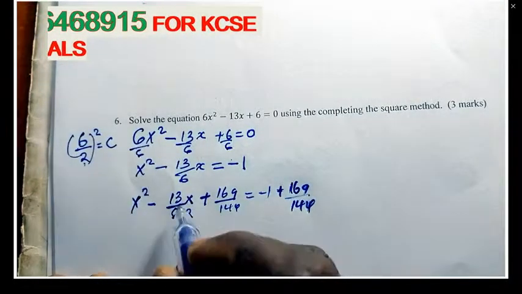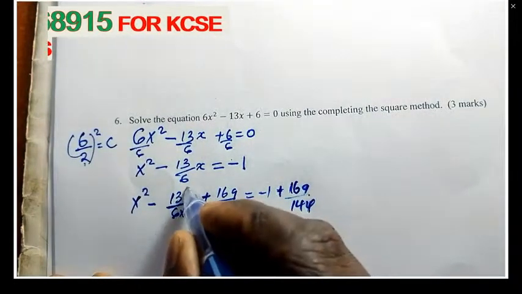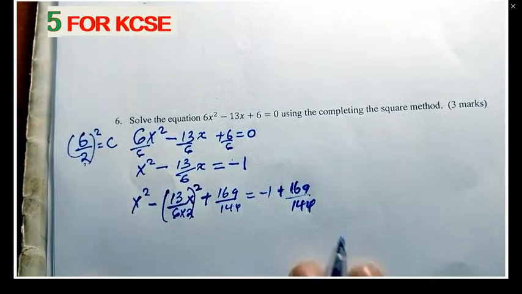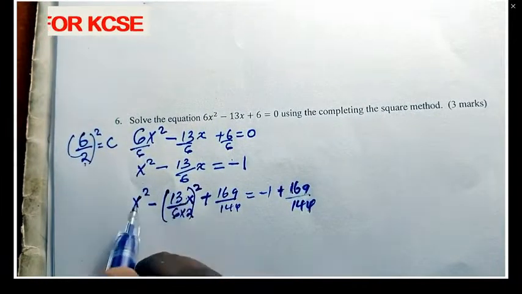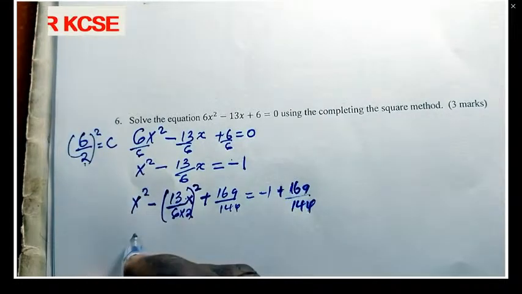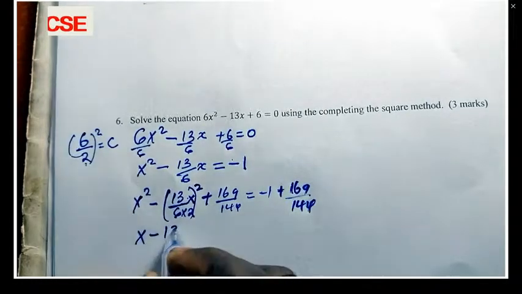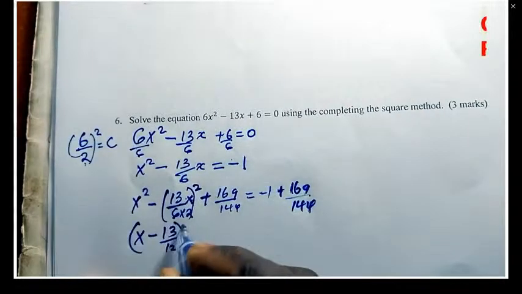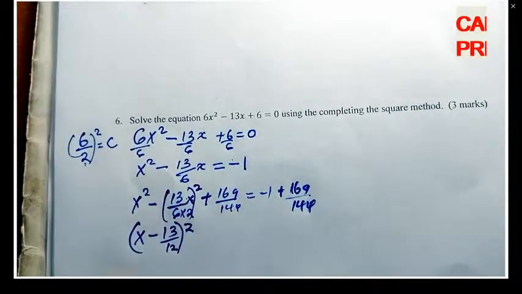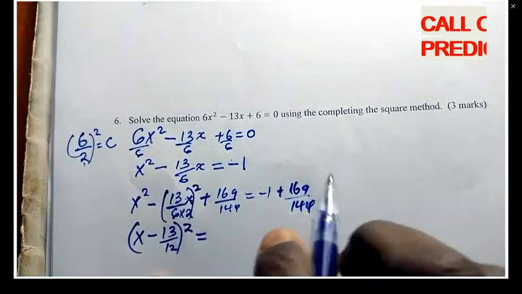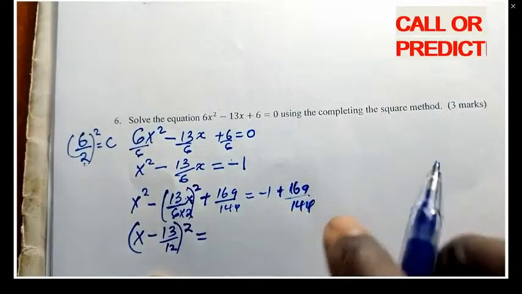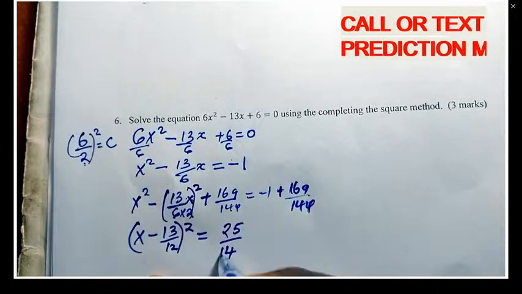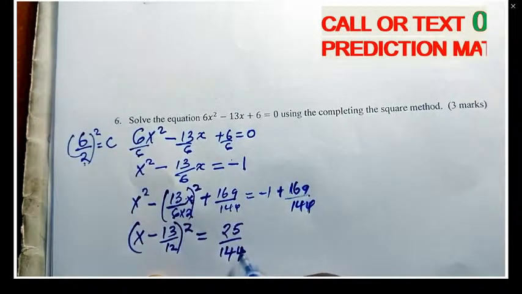But remember this one is squared. Now next, because this one and this one are squared, we take one square and say x minus 13 over 12 squared is equal to negative 1 plus 169 over 144. You use your calculator, you will get it is 25 over 144.